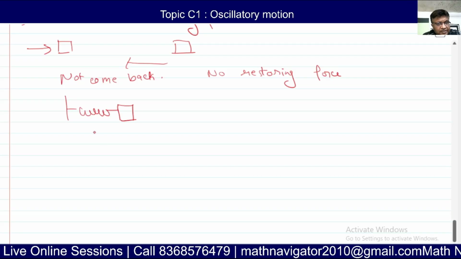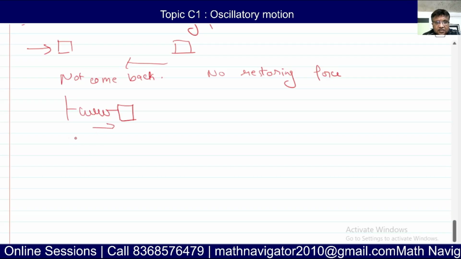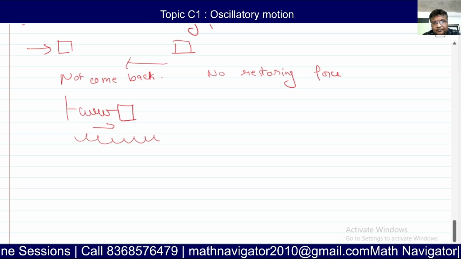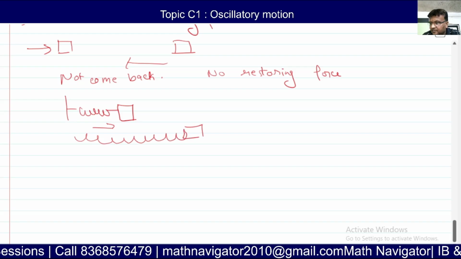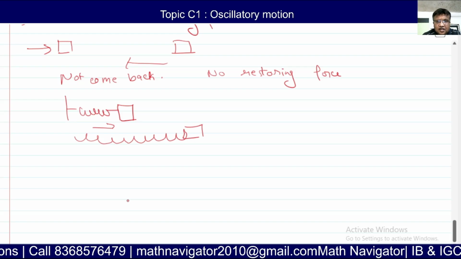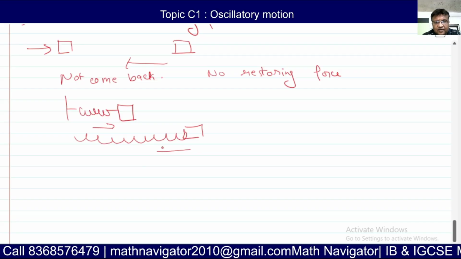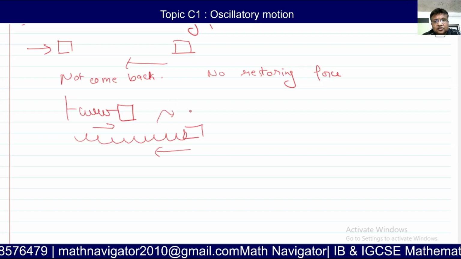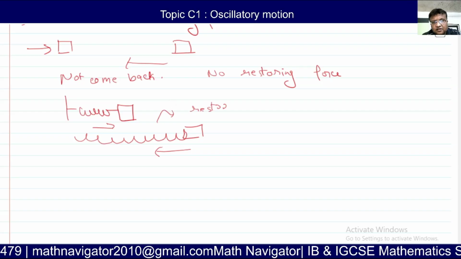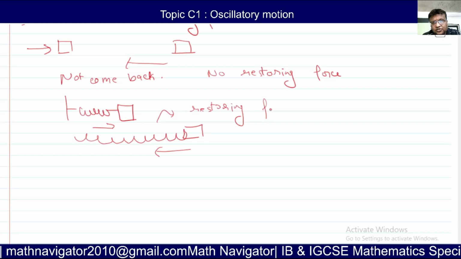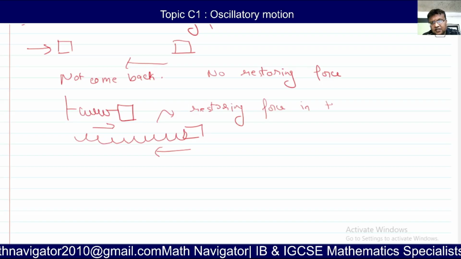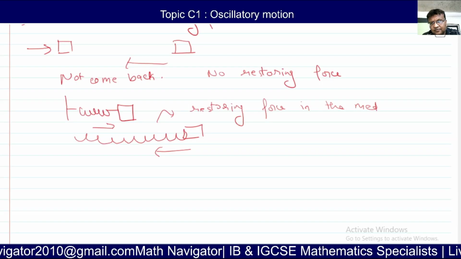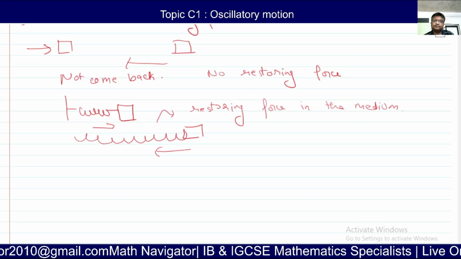What would have happened? If you stretch it, the block would have become like this, and then it would have come back, because there is a restoring force in the medium. Clear?